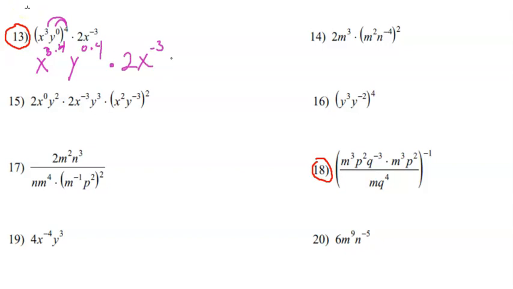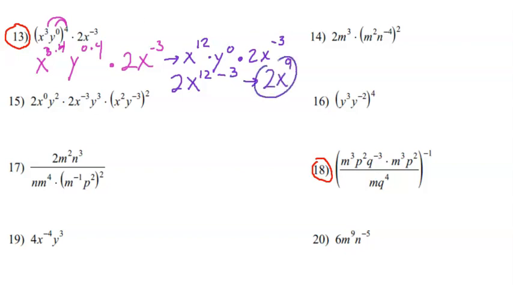So then we have x to the 12th times y to the 0 times 2x to the negative 3. Well, y to the 0 is just 1. So then we have x to the 12th, we have a 2, and then we have a minus 3. So that reduces to 2x to the 9th power. And that's your simplified expression.